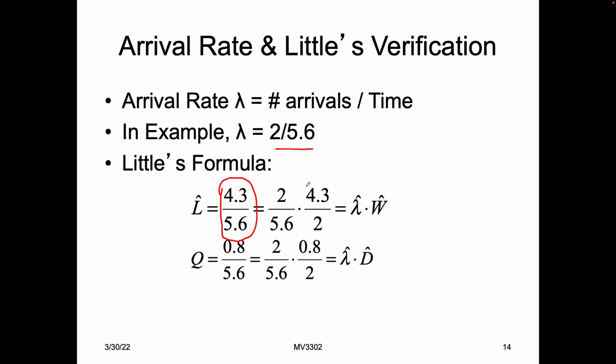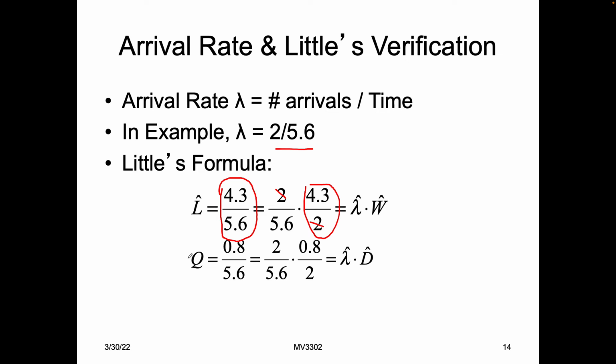Our average time in the system was 4.3 over 2, and our average arrival rate is 2 over 5.6. So if you look at this, the 2's cancel out, and we have exactly 4.3 over 5.6 on each side. Exactly, not approximately.